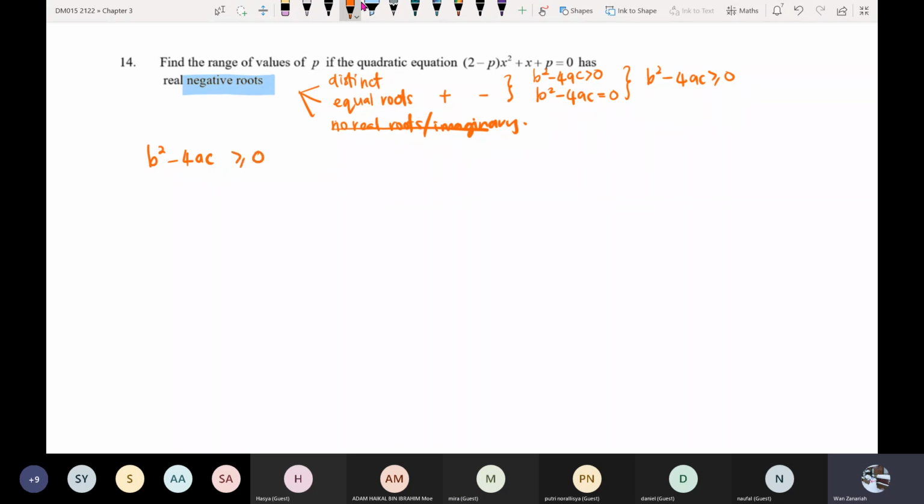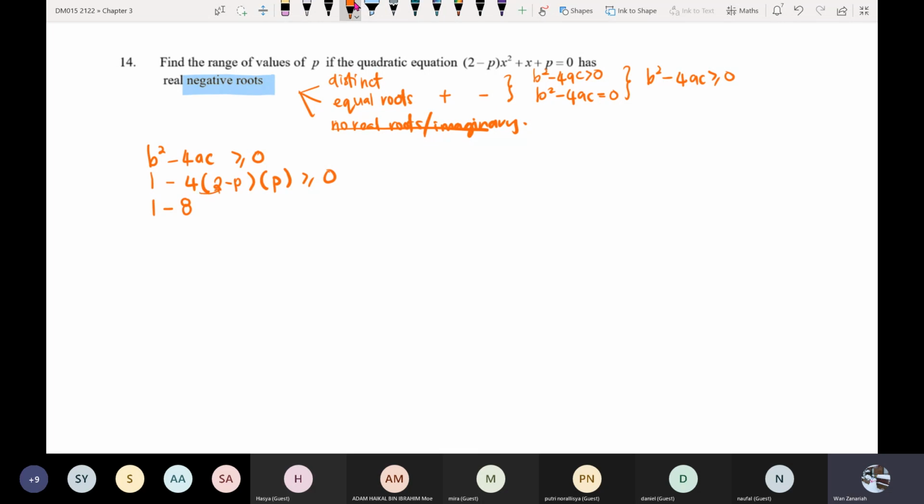So your B adalah 1, minus 4, your A is 2 minus P, your C is P, greater and equal 0. Okay, so 1 minus 8, plus... apa ni? 4P. 8P, teruslah letak.